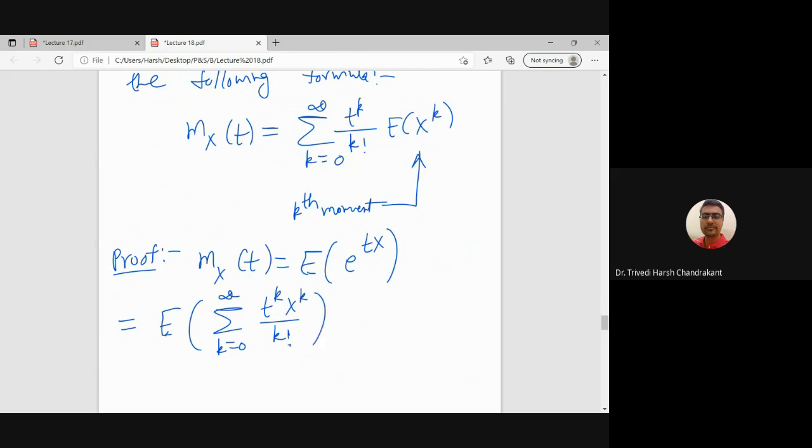And then we know that expectation is a linear operator, right? So when we apply the expectation on the summation, the summation will come outside. It is a linear operator, and this t^k by k factorial is a number, so the number will also come outside because it is a linear operator. So that will be the expectation of x^k. Everything else will come outside.